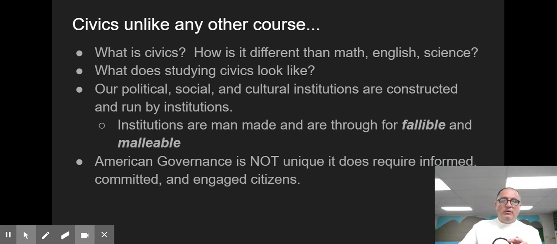So we need to know that our political, social, cultural institutions are constructed and run by institutions. Institutions are man made and are thus fallible and malleable. Those two words are very important. The institutions we have in this country were made by men, which makes them fallible, which makes them subject to mistakes.